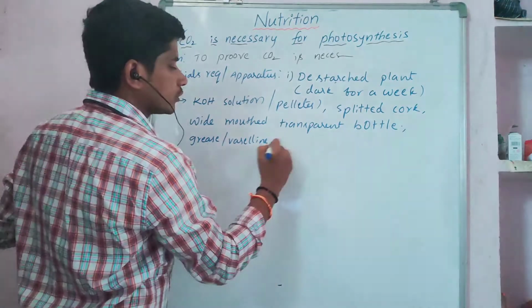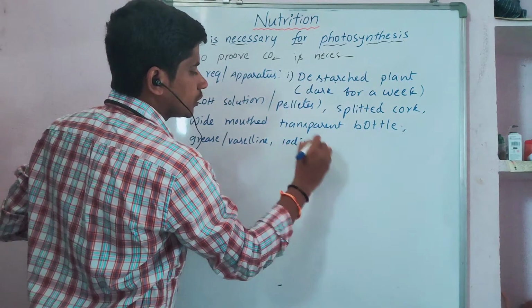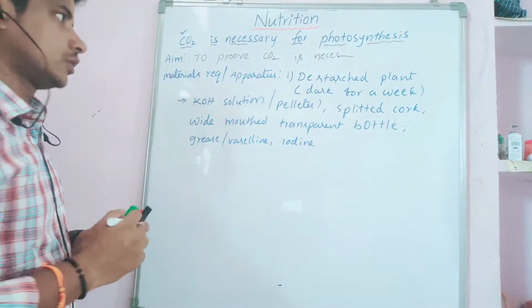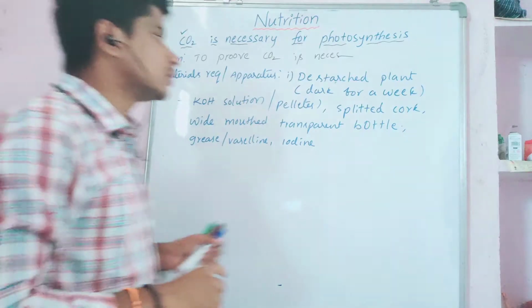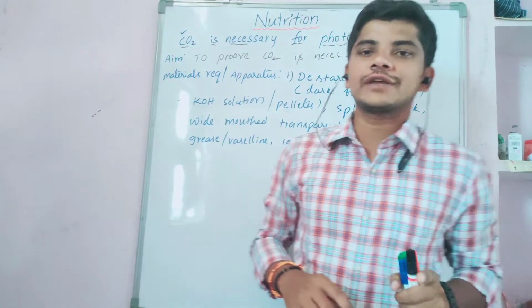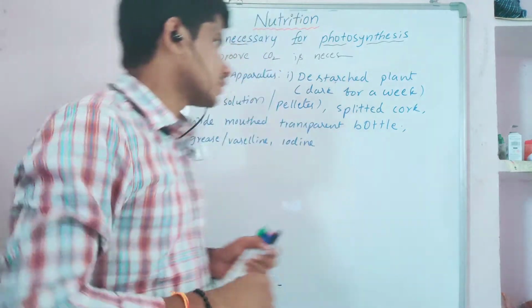Along with this, you have to take iodine to confirm whether starch has formed or not. These are the materials you need to prove that carbon dioxide is necessary for photosynthesis.